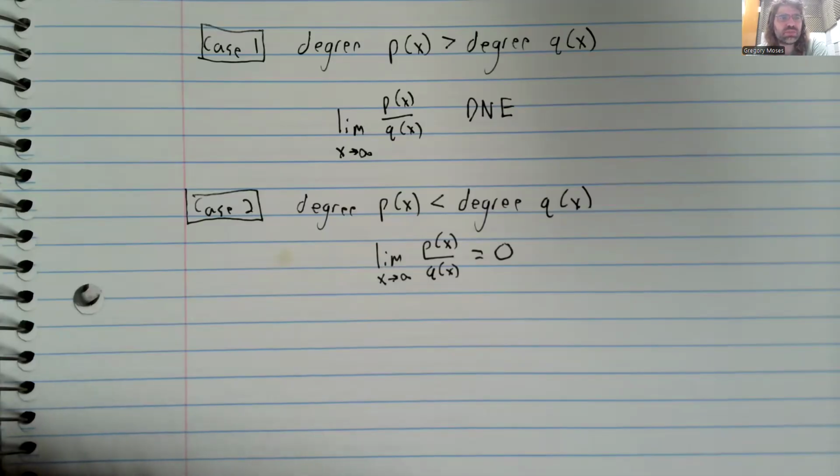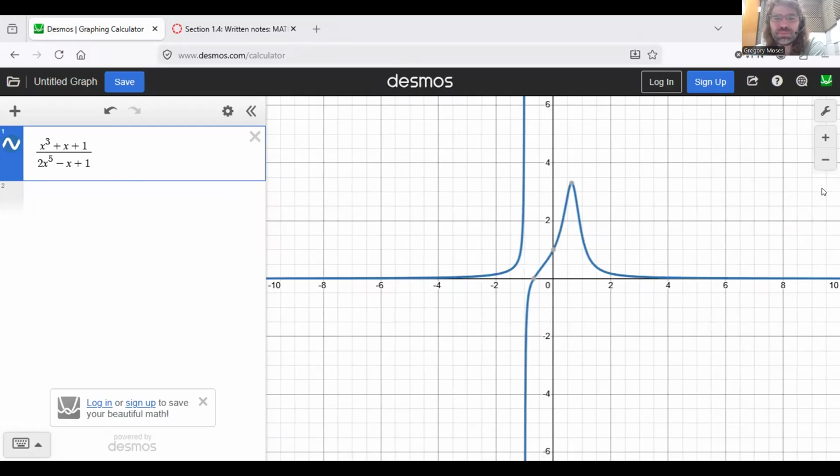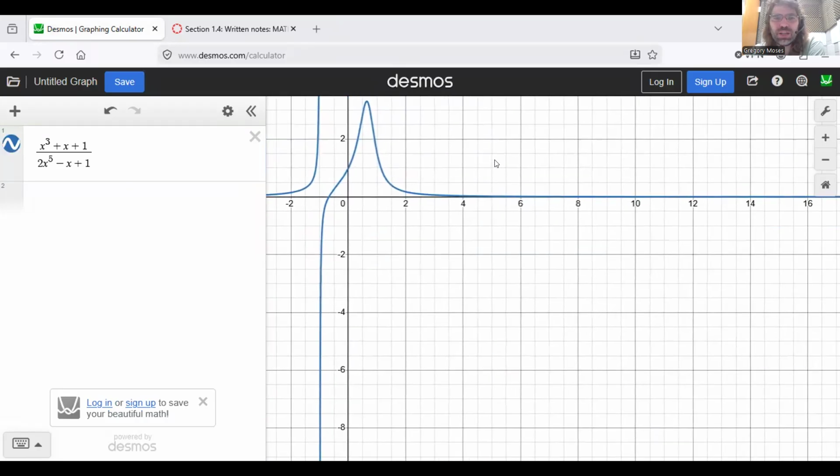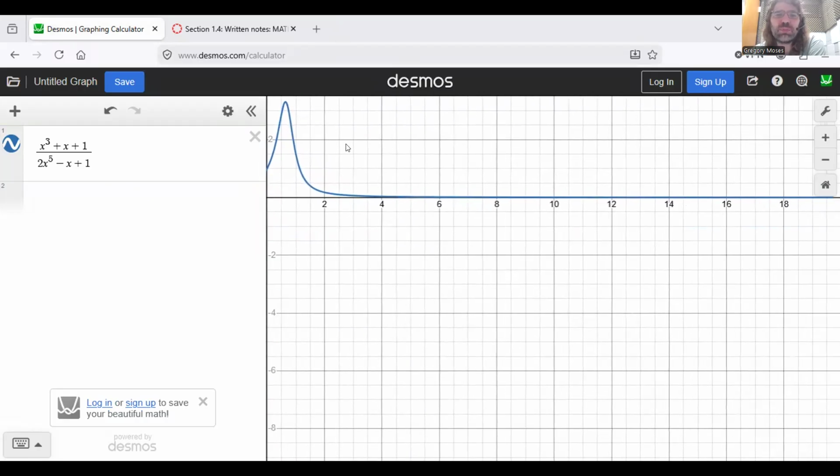Go to Desmos. Let's turn this second degree polynomial in the bottom to a fifth degree polynomial. Going to just erase the second power and turn it into a fifth power. And you see this rational function fluctuates a bit.